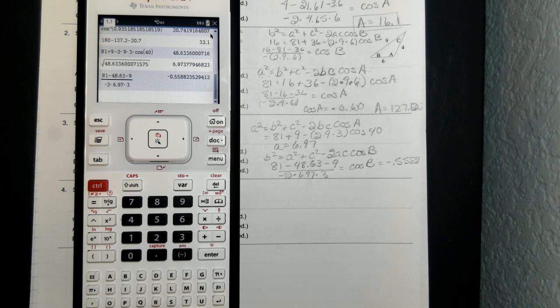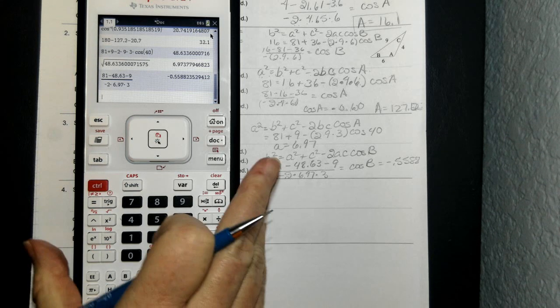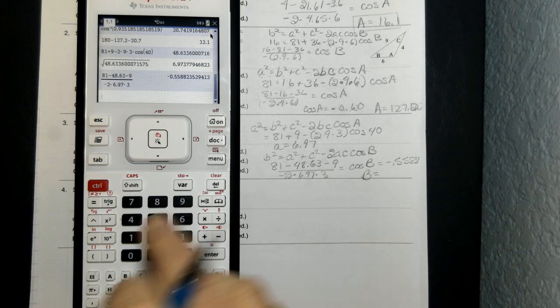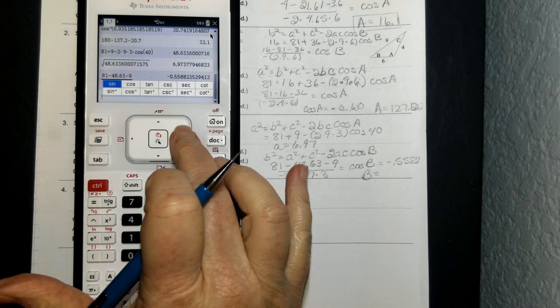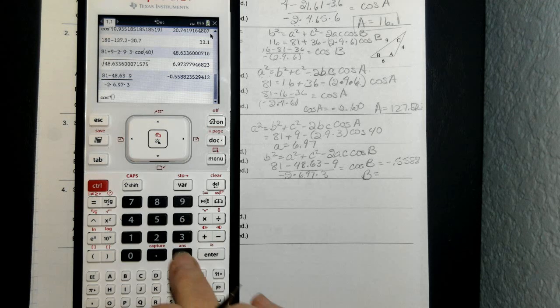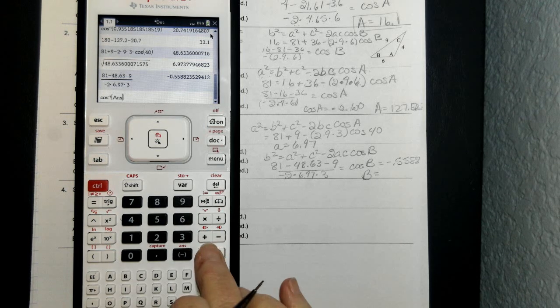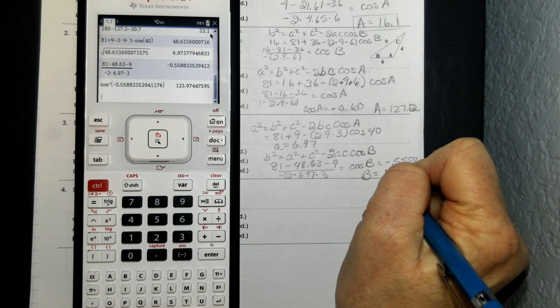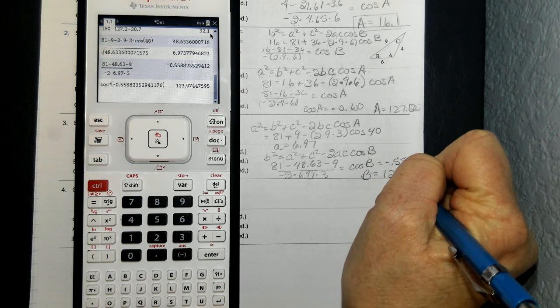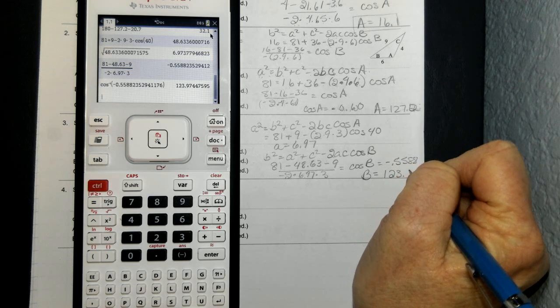I'm not going to worry about that because I'm keeping it in the calculator. And now I'm going to get B using the inverse function: cosine inverse of that answer. I pull the answer in, hit enter, and I get an angle of 123.9.